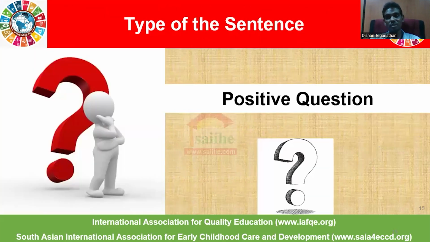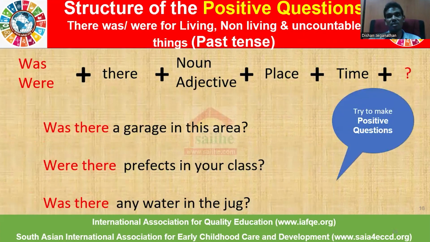Moving on to positive questions. In positive questions in past tense, we'll be making use of the words was or were. The questions will begin with either was or were. If it's going to talk about a singular noun, we'll be making use of was. And if we're going to make a question with a plural noun, we'll be making use of were.